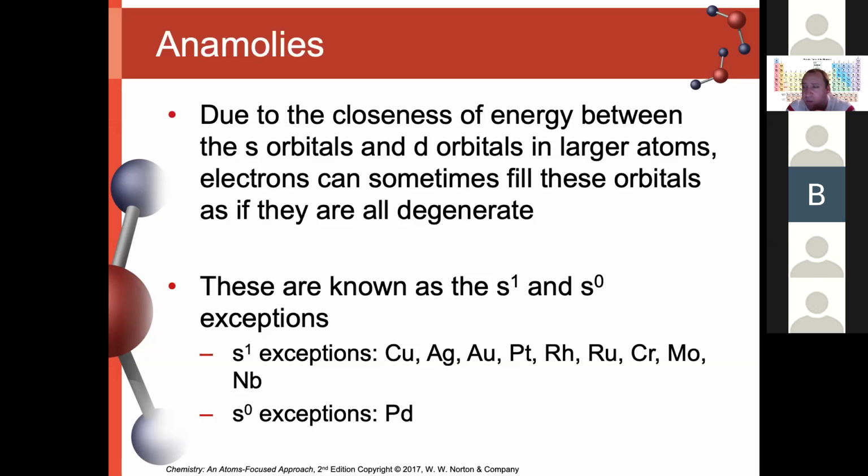And so depending upon how many migrate, we call these either S1 exceptions. S1 exceptions occur when we have one electron that migrates, and S0 exceptions occur when we have both s electrons migrating.